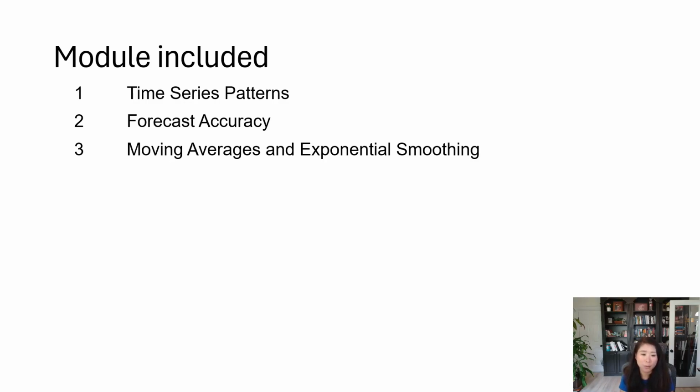To understand that, we need to learn how to measure the accuracy of my forecast, so we are learning different metrics that can be used to measure the accuracy. And lastly, we are going to look at moving average and exponential smoothing. Those are two very popular time series models that allow us, based on the pattern we recognized, to build a model to forecast the future values.